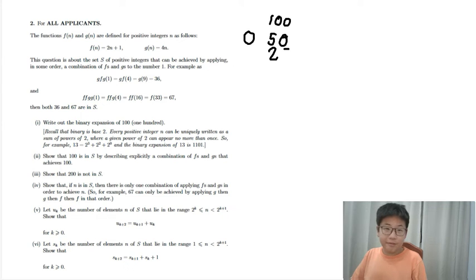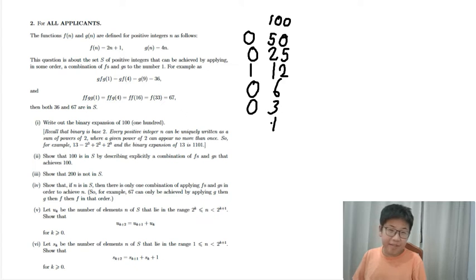Then we have 25, 0. We divide by 2. Yes, there's a remainder. 12, you get 1. 6, 0. Then 3, 0. Then we don't put 1.5 because again, we got a remainder. And since there's a 1 here, we can write an arrow here and get a 1. We read these remainders from the bottom to the top, giving us 1, 1, 0, 0, 1, 0, 0.